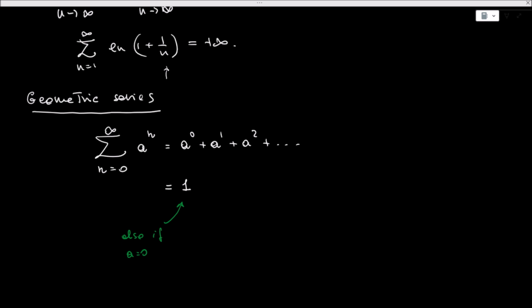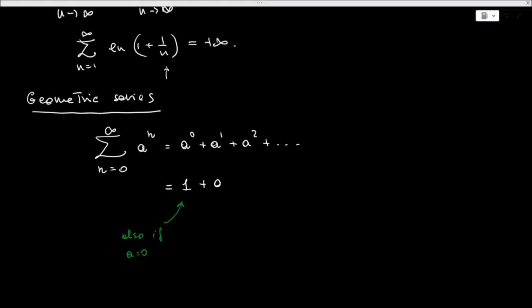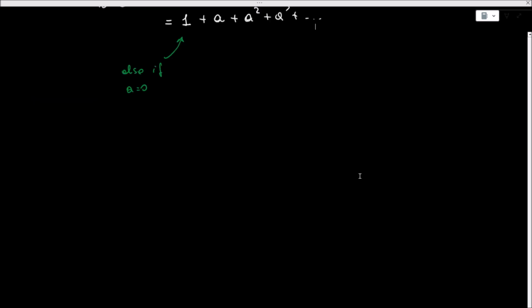So this geometric series will take the shape 1 plus a plus a squared plus a cubed, with all the infinite powers of a. Now, what we need to study this series is a formula that we proved right at the start of the course.